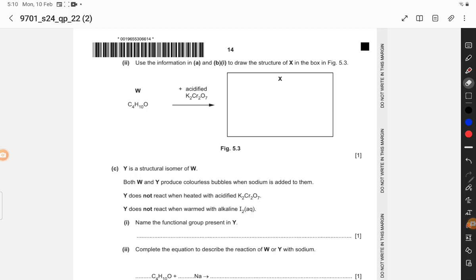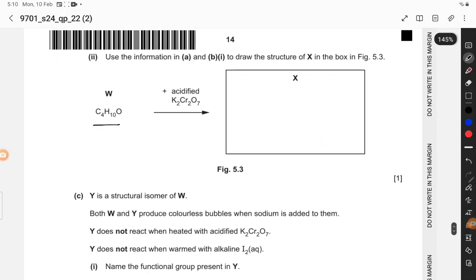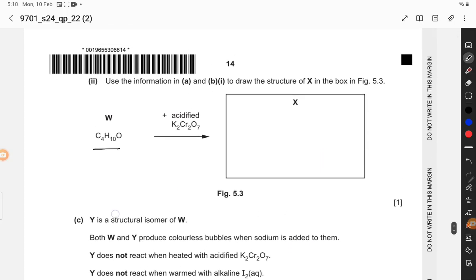Part 2 of this question: C4H10O. Use the information in A and B to draw the structure of X in the box in Figure 5.3.